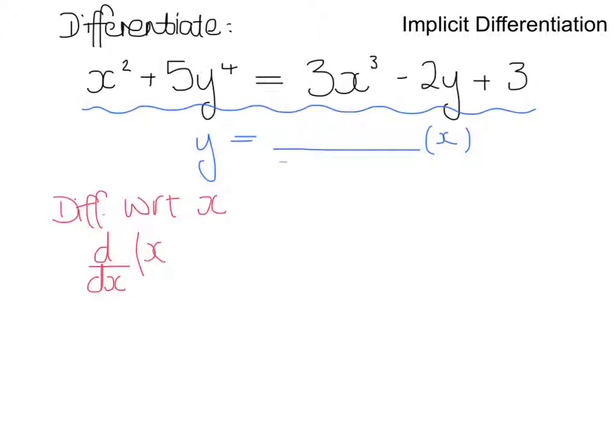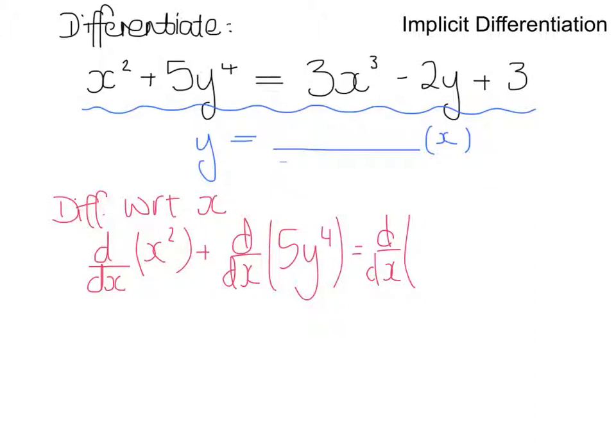So I'm going to apply this differentiate with respect to x to each aspect of our function here, including 5y to the 4. So all I've done is say I am going to differentiate each part of this expression in terms of x.